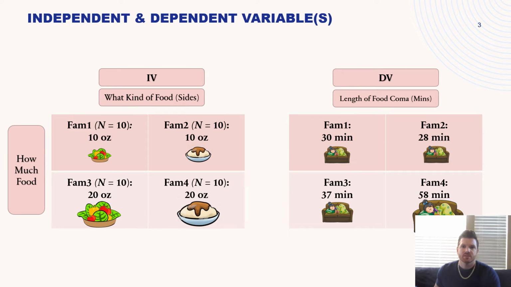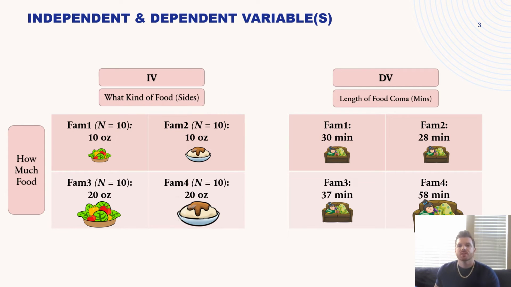Still pretty good, about the same as the 30 minutes. They also missed about the first quarter. Family group 3, who had 20 ounces of the salad, slept for about 37 minutes, maybe going into the second quarter a little bit. But family group 4, who had 20 ounces of the mashed potatoes and gravy, slept on average almost an hour, 58 minutes, missing almost the first half of the entire game.